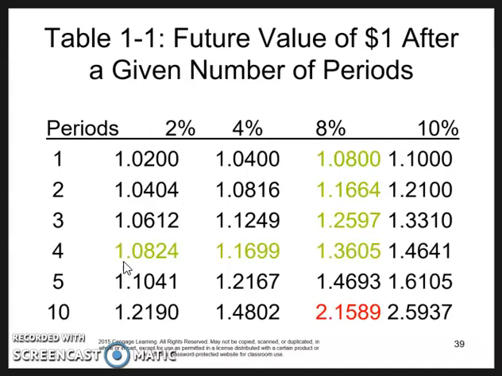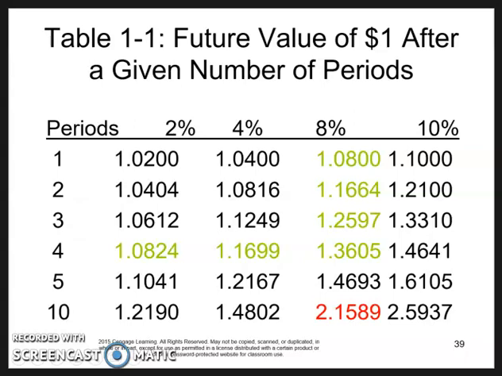Table 1.1 is what we call interest rate factors. This is for future value of $1. For these calculations, we're going to use the calculator to do most of them, but it's actually a fairly simple formula as well. For example here, whatever dollar value you had, you would multiply it by the factor.